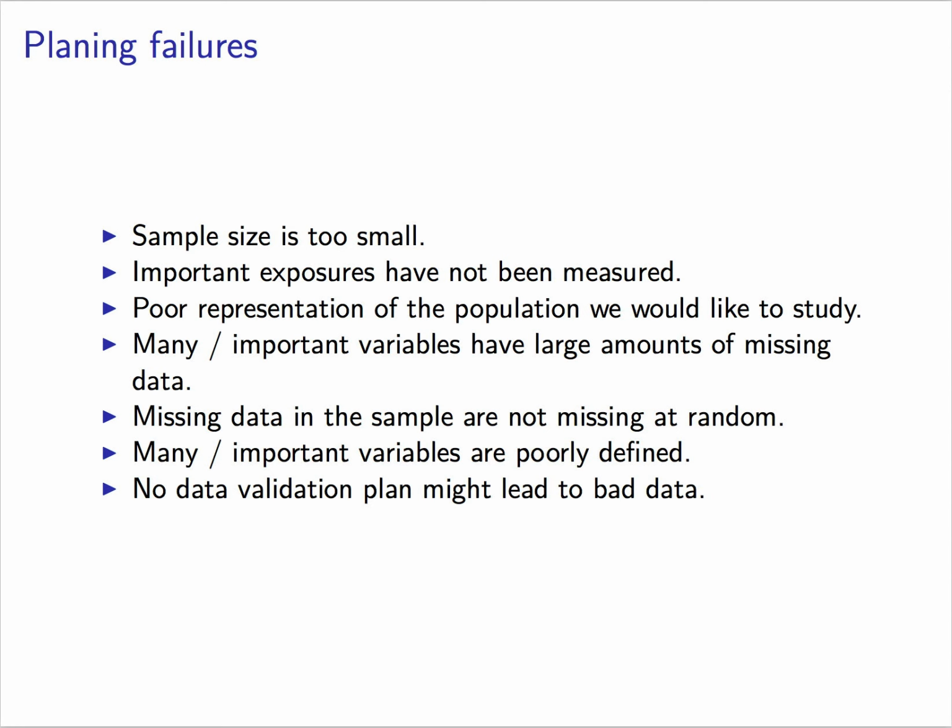Next, many important variables may have large amounts of missing data. This can be a problem, especially if our missing data in the sample are not missing at random. That can be a big problem. Many important variables can also be poorly defined, leading to heterogeneity in what is actually gathered at different study sites.